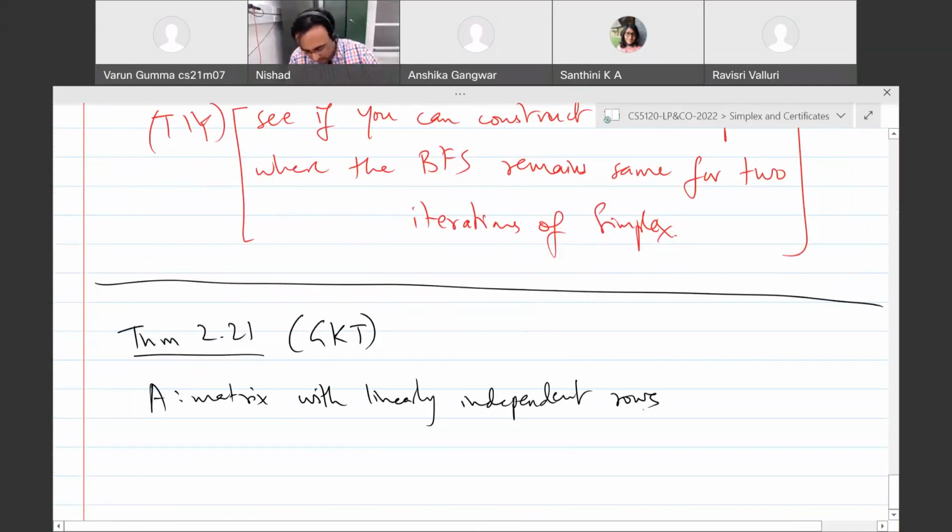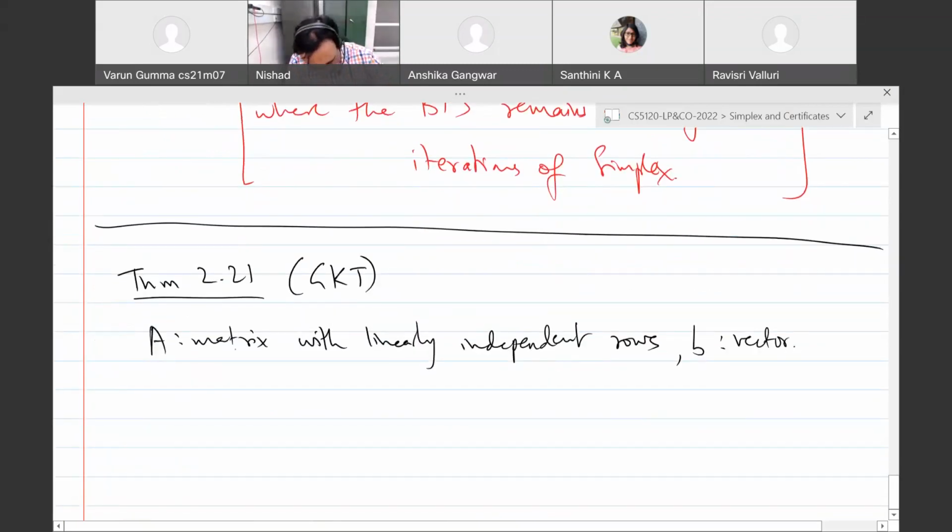And B be a vector of the right dimensions. Okay. So let's say P is your polytope, X such that AX is equal to B and X is at least 0, or polyhedron.